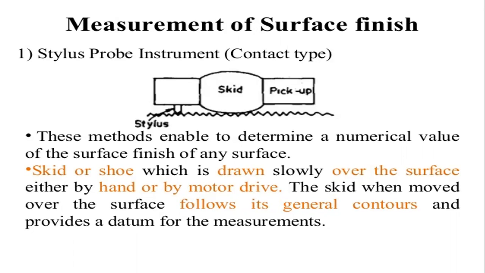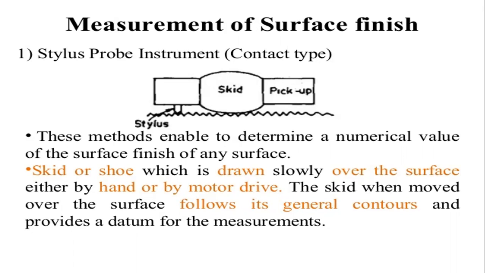In the measurement of surface finish with the stylus probe type, the skid or shoe is drawn slowly over the surface, either by hand or by motor drive.